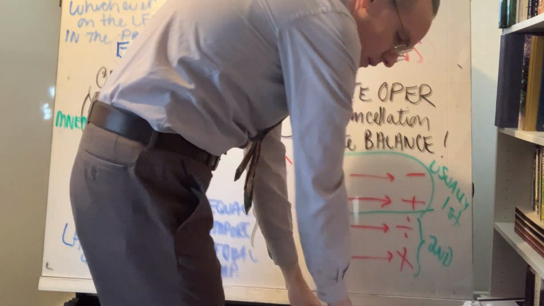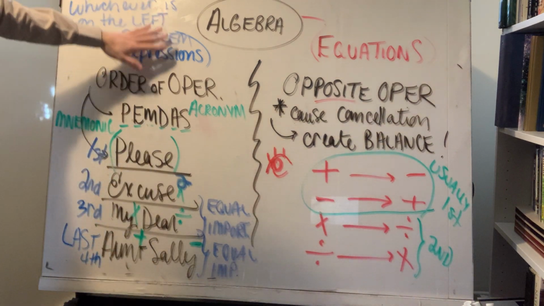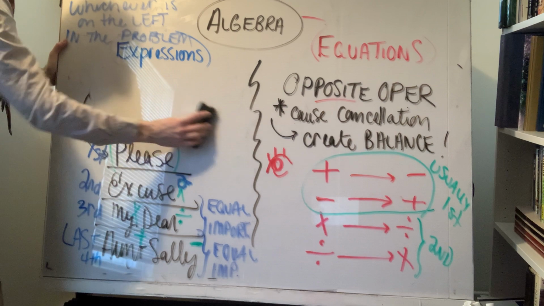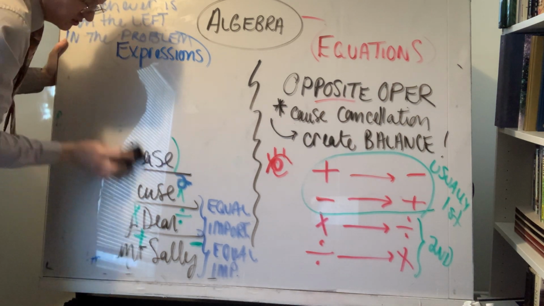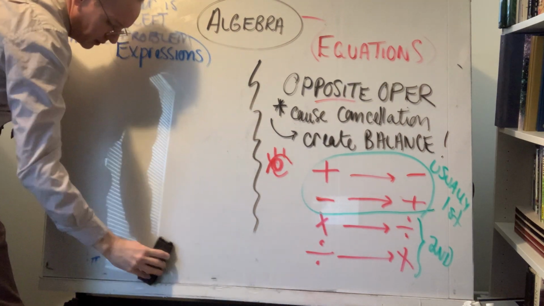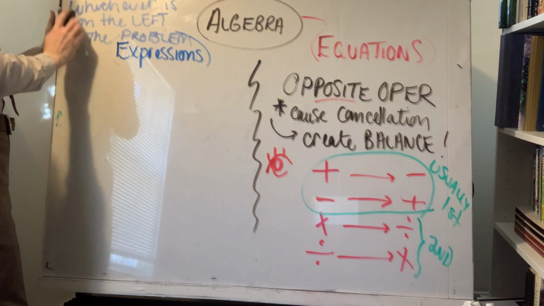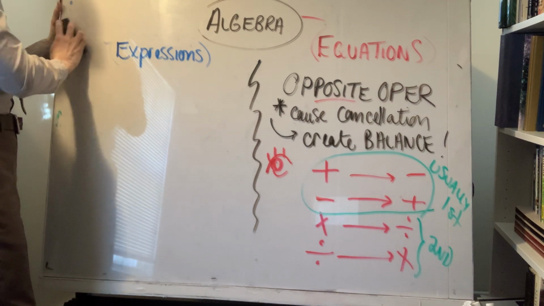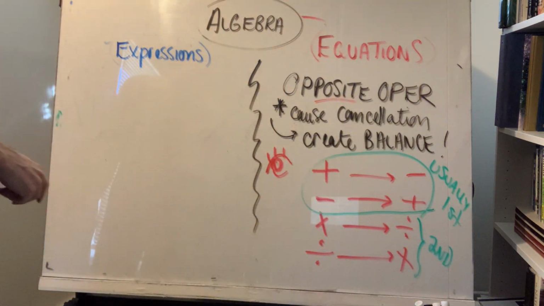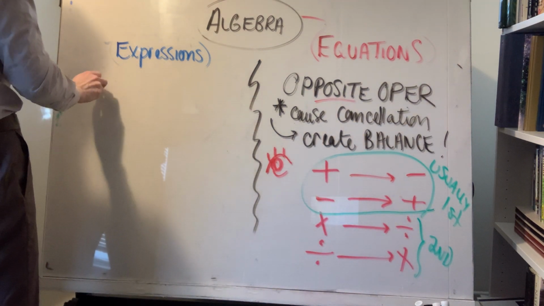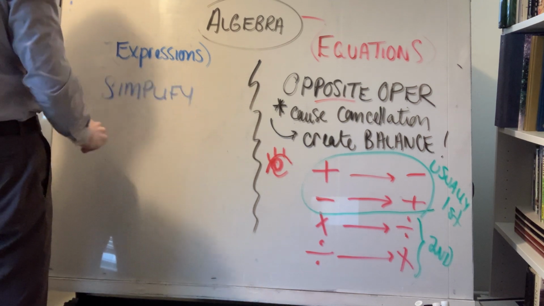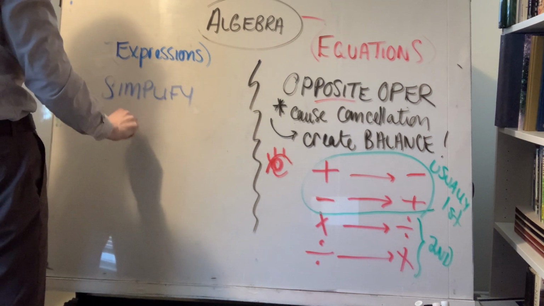Now the last thing before I give you an example, and I'm going to put it under this heading still, is what if you're dealing with something that is purely algebraic, which means there's just letters involved? Well, there'll be numbers perhaps, but mainly letters. That is to say, what do you do when you have to simplify like terms?